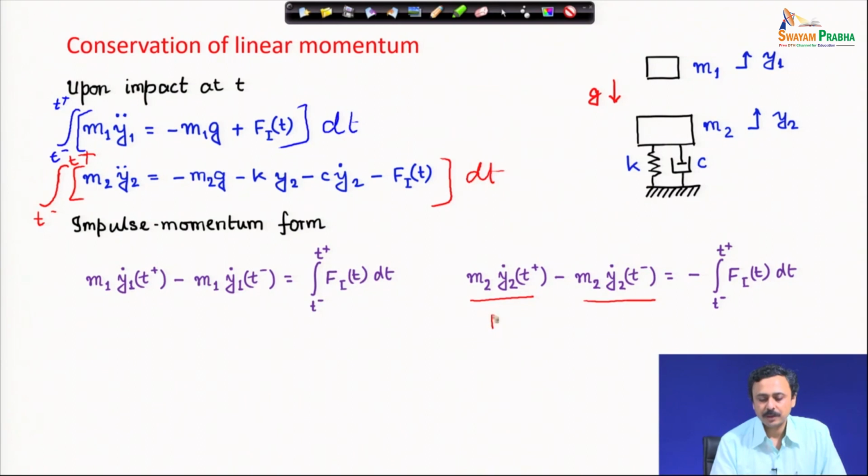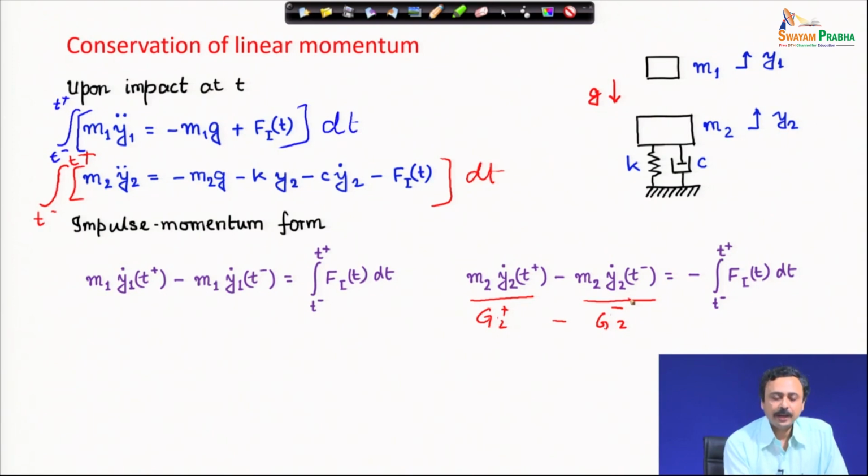These are linear momenta, remember: the linear momentum of particle 2 just after the impulse minus the linear momentum of particle 2 just before the impulse is equal to, of course, minus the integral of Fi, the impulsive force.